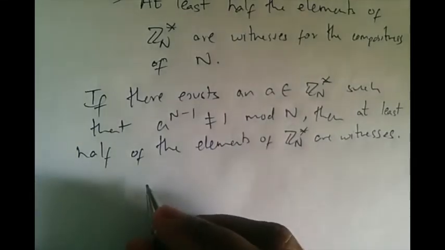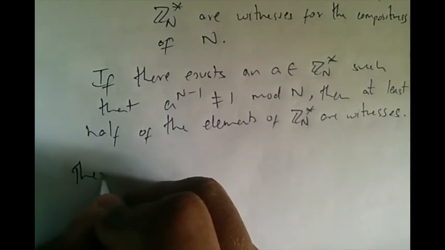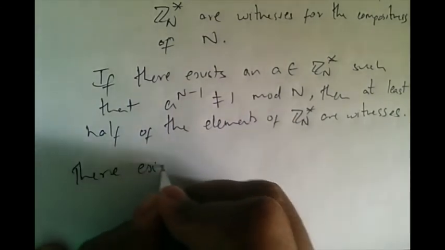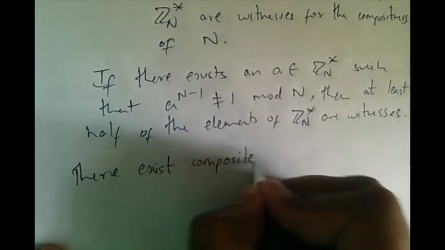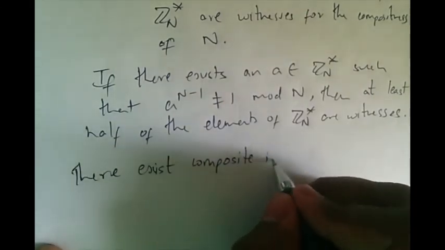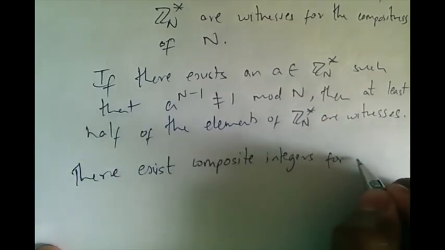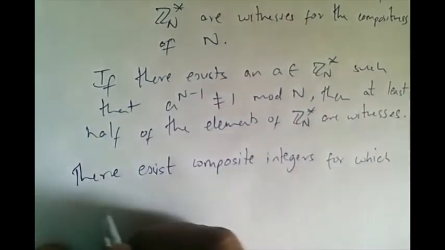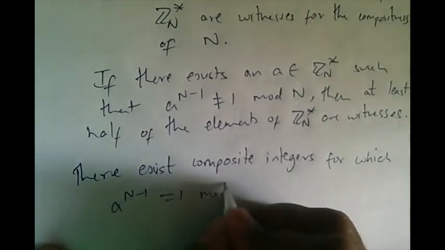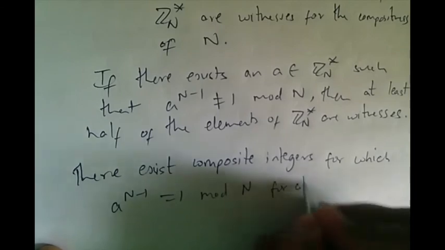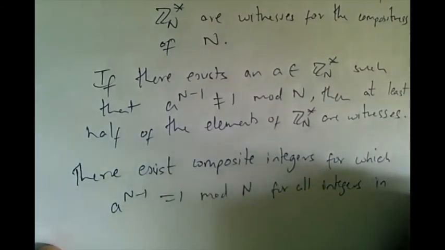So what I mean is that there exist composite integers for which a raised to n minus 1 equals 1 mod n for all integers in Zn star.